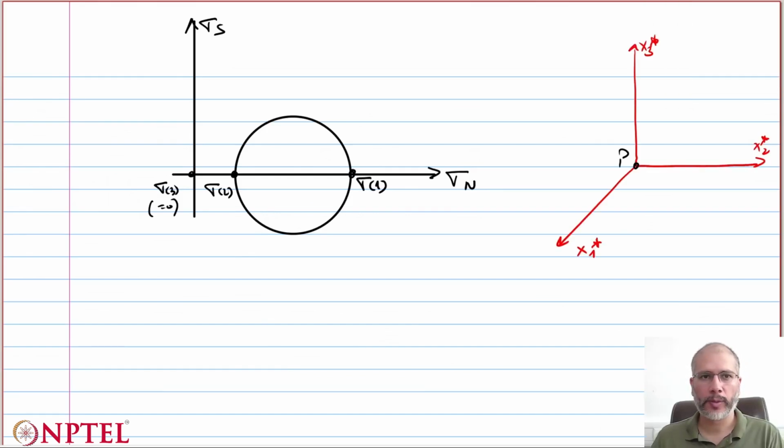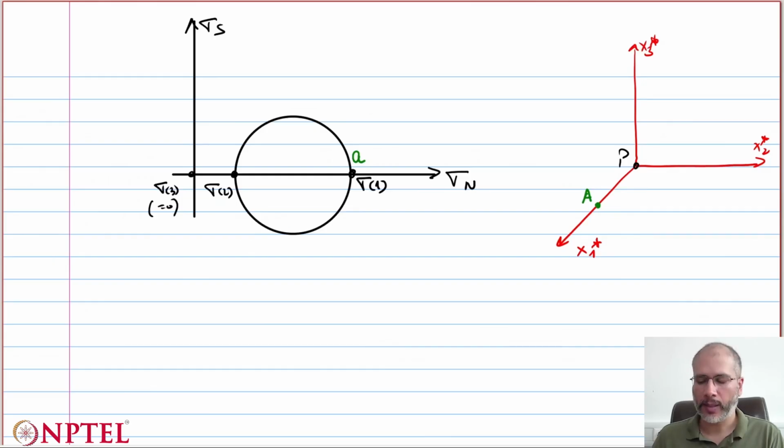This is our principal coordinate system. So if I had a normal along the x1 star direction, that is, I had the cutting plane which is the x2 star and x3 star plane, then on the stress plane on the left, the point that we'll get, let's call this A here, and the corresponding point is capital A on the right.